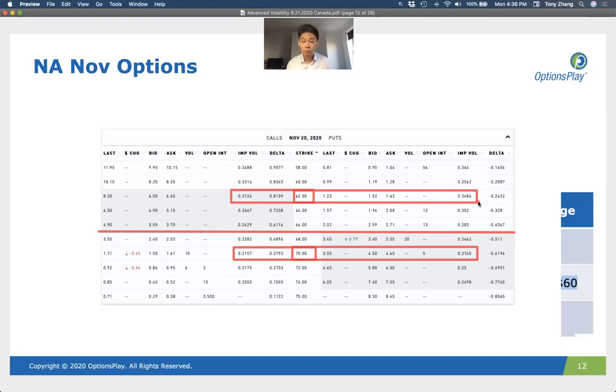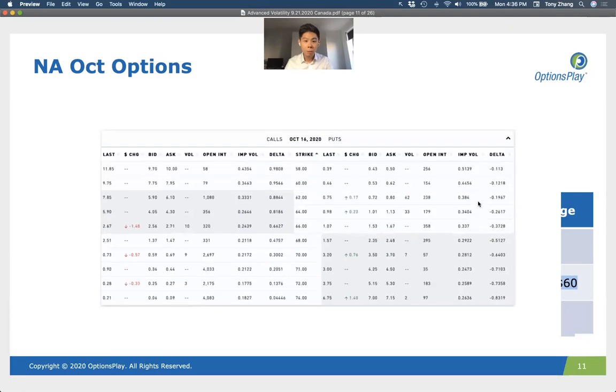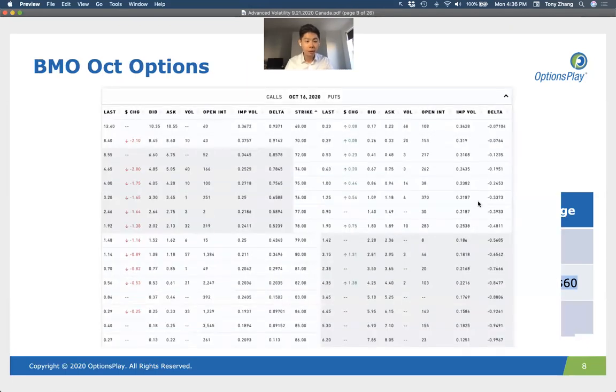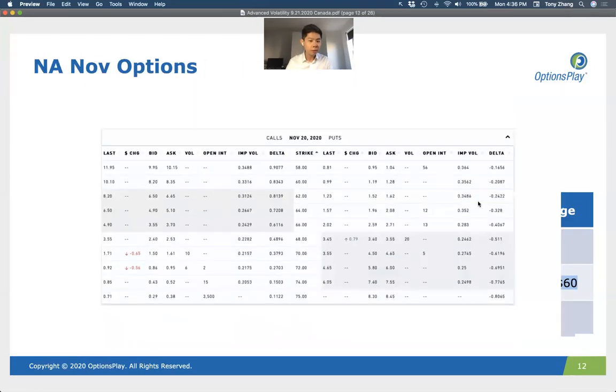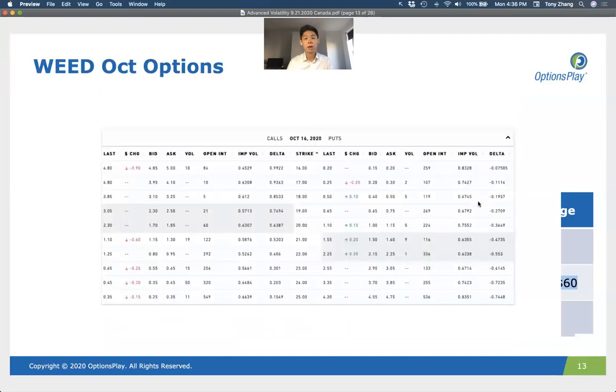Because it's impossible to get a sense of which options to trade between BMO or National Bank, whether we should trade the Octobers or Novembers, which one's cheaper, are calls cheaper or puts cheaper, are in-the-money options cheaper or more expensive? There are so many of these types of questions. So this is really where we turn to some of the implied volatility metrics.